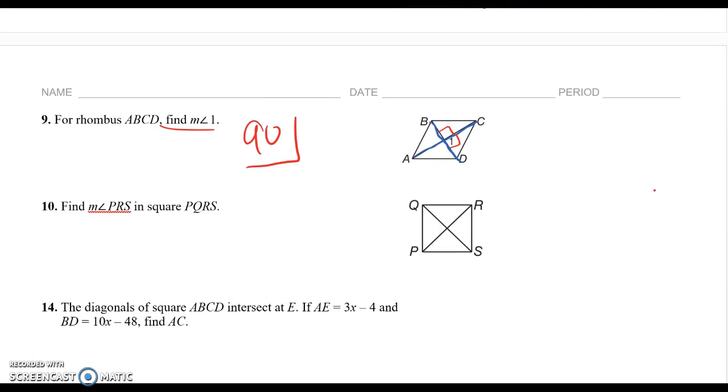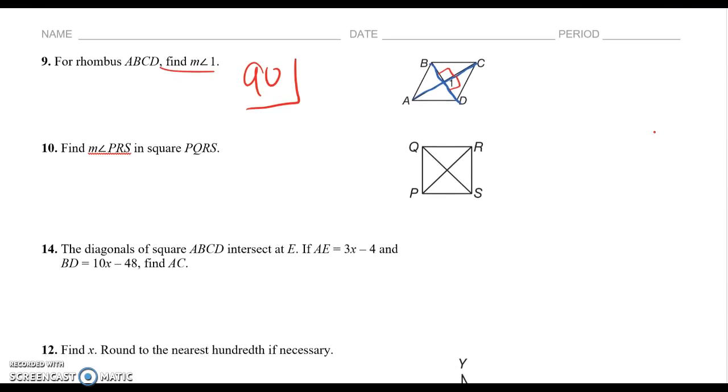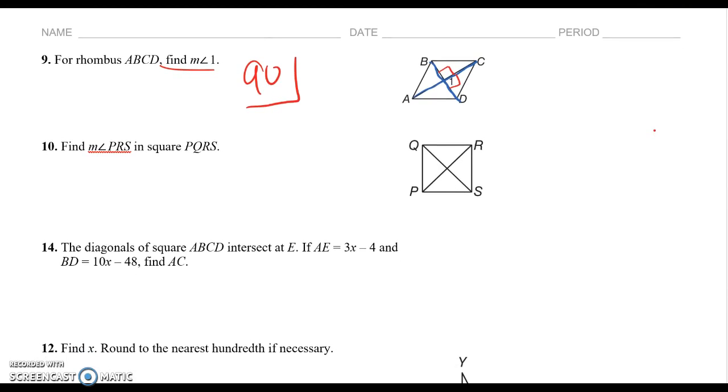Okay. Moving on to number 10. It says find the measure of PRS. So when we say PRS, we mean this guy right here. Find PRS in square PQRS, so our whole square. So we know we have a square, which I always tell y'all is the granddaddy of all parallelograms.